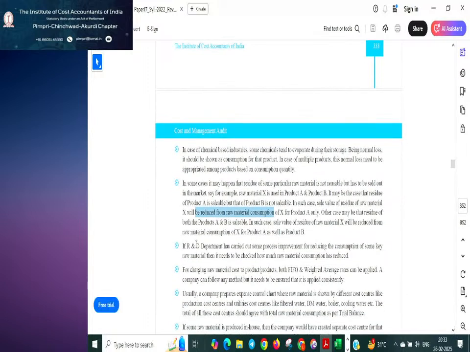Now next comes R&D department has carried out some process improvement. So what will happen? It needs to be checked how much raw material consumption has reduced. You have to check this. That is based on input output ratio. So if you take the input output ratio for 3 to 4 consecutive years, you can easily find out whether they have improved or not.